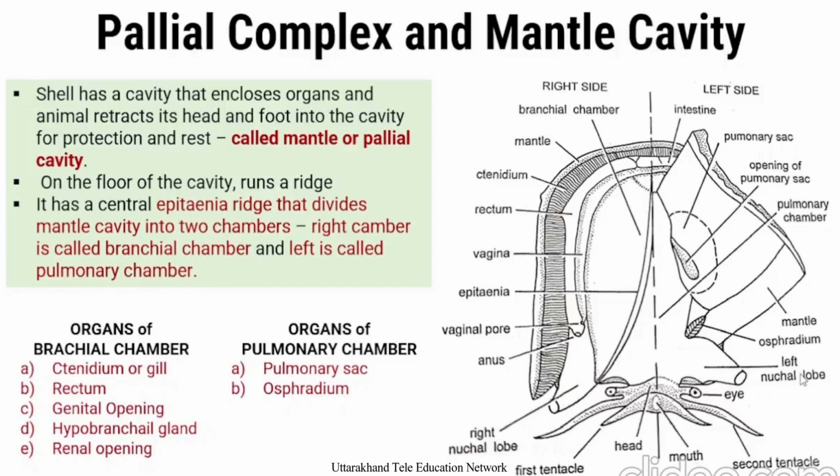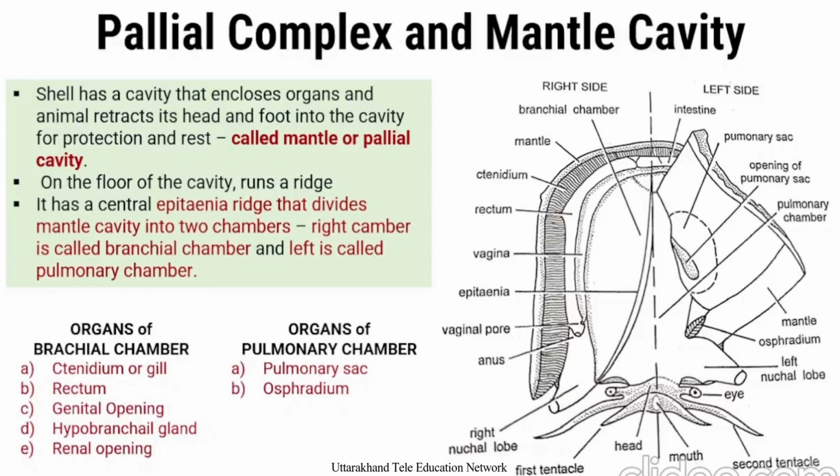And this divides the mantle cavity into two chambers. Here you can see the right branchial chamber and the left pulmonary chamber. And these two chambers play an important role in respiration.